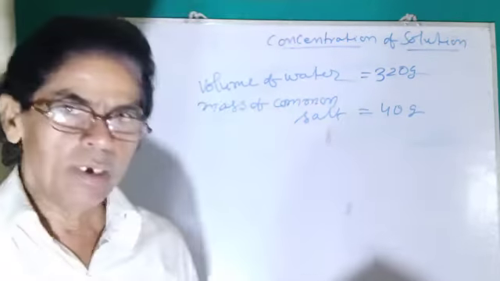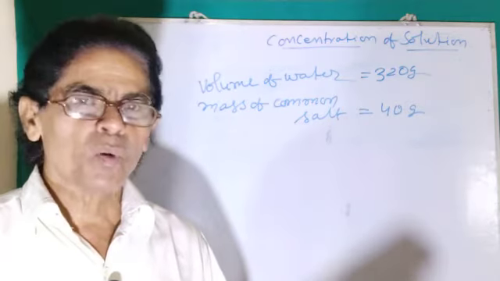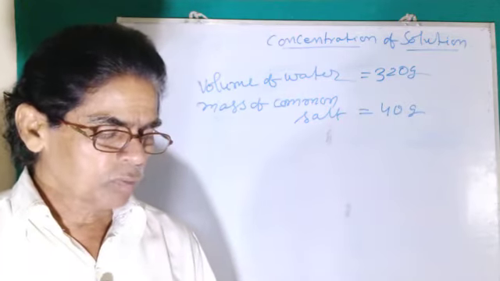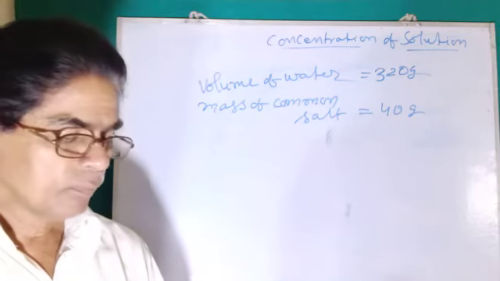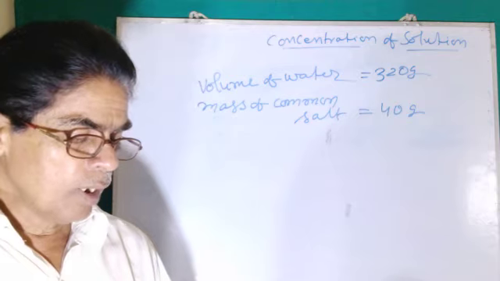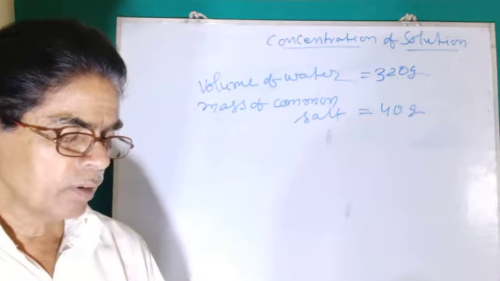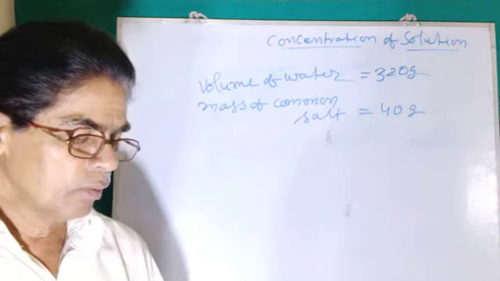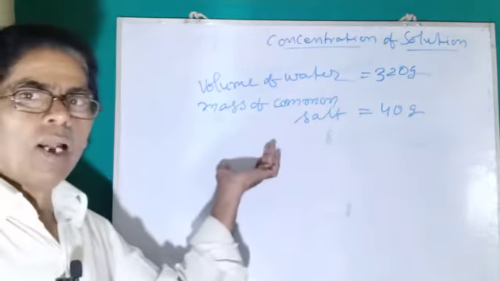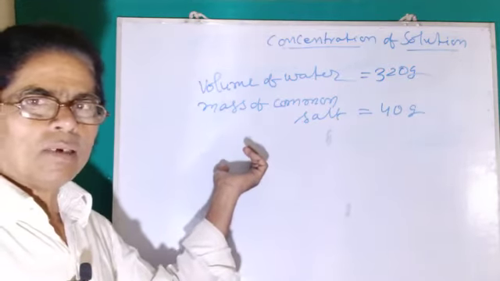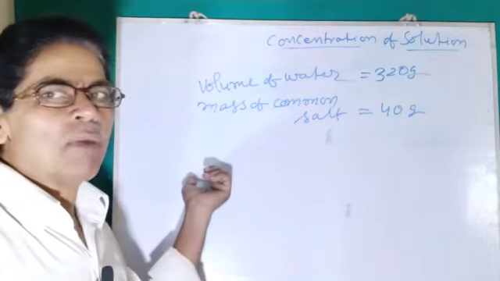Then it is asked here that a solution contains 40 gram of common salt in 320 gram of water. Calculate the concentration in terms of mass by mass percentage of the solution. So see here, we are asked to express the concentration of solution mass by mass.